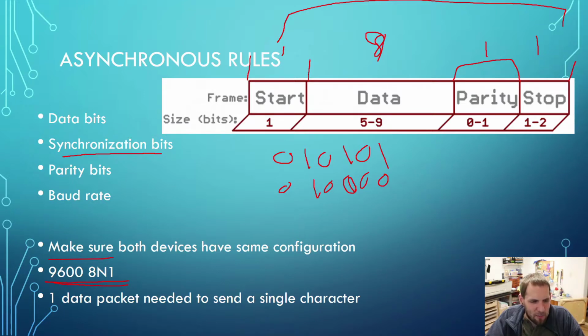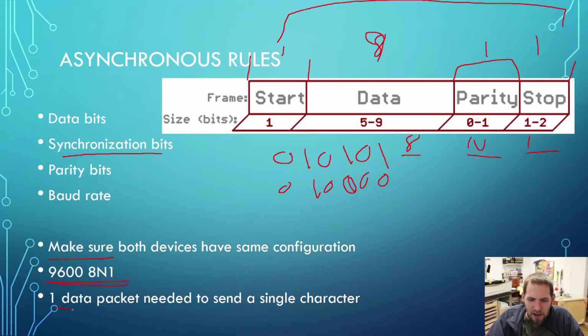N would be our parity, so N would be no, so we're not using parity. You have N, E, or O: no parity, even parity, or odd parity. And then 1 is our number of stop bits. So you can see overall, it just says it's 8N1. It always is going to have your data bits, then your parity, then your stop.